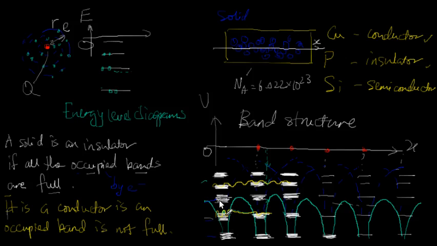So that we have this band structure. So these lines that I draw for each band over each atom refer to energy levels for all of the atoms at the same time. So this picture here, these bands here, is for all the atoms.